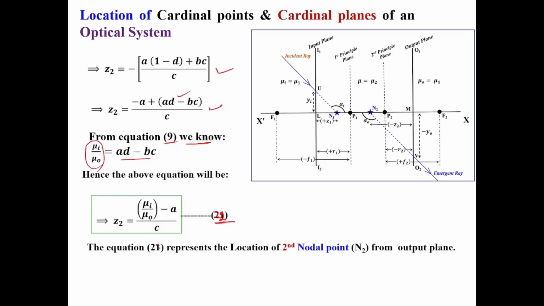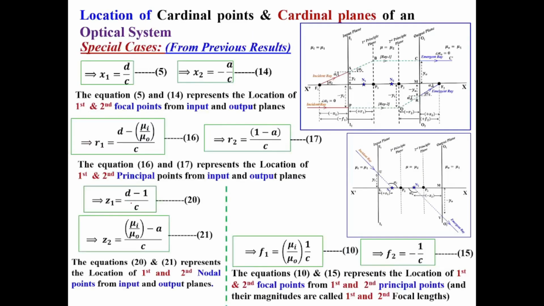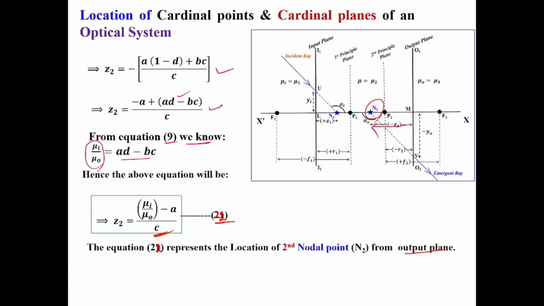Okay, this equation 22 represents the location of second nodal point N2 from output plane. From output plane towards this side, towards left. If we move this much distance, then we can find the second nodal point. Here first I'm going to correct this equation number. This is your 22.